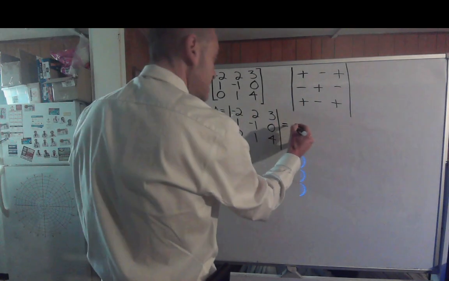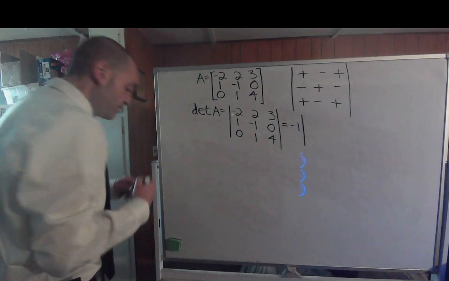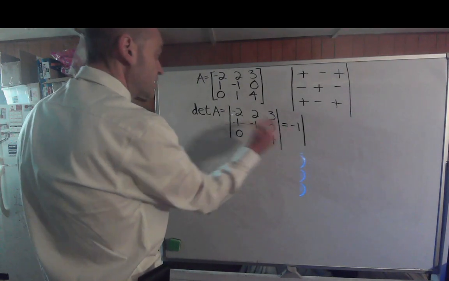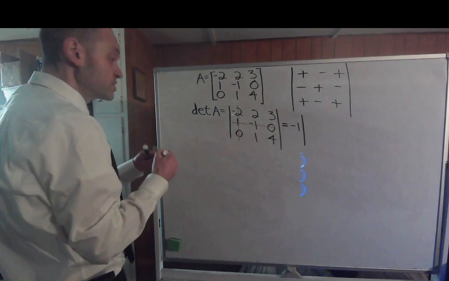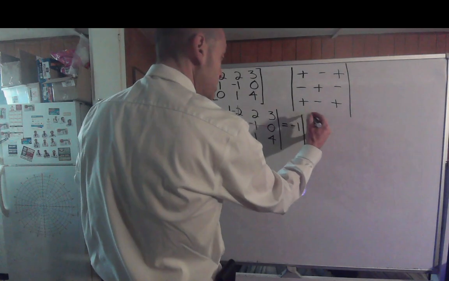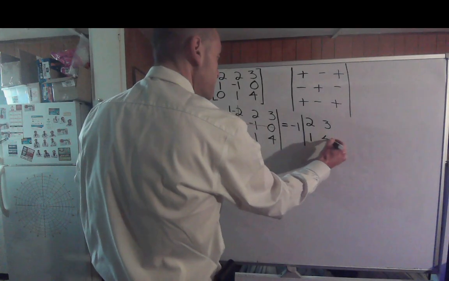So that'll be -1 times the resulting determinant of what's left. So we strike out the row and the column in which that 1 occurs, you'll get the resulting determinant of a 2 by 2 of 2, 3, 1, and 4.